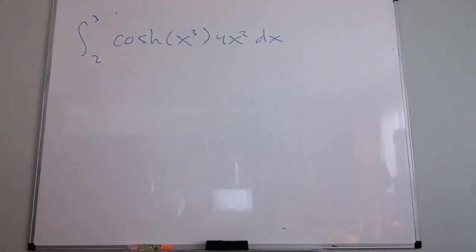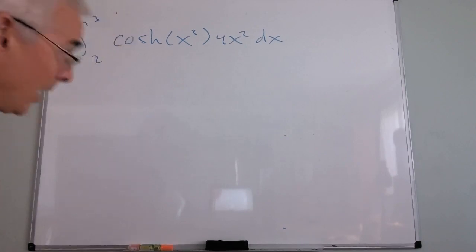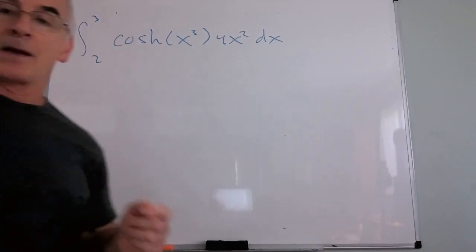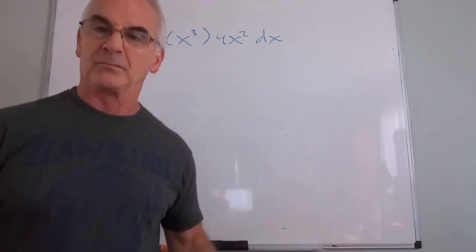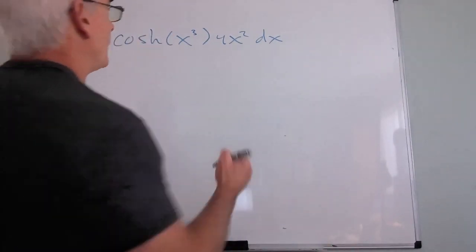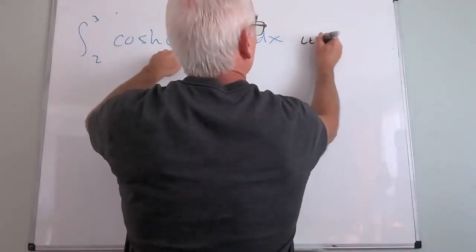Now this one is less taxing than the others, but we haven't done a lot with hyperbolics recently. We know the antiderivative of the hyperbolic cosine. That's easy, but I have hyperbolic cosine of stuff. Well, that's not an x, so that's going to be my u.